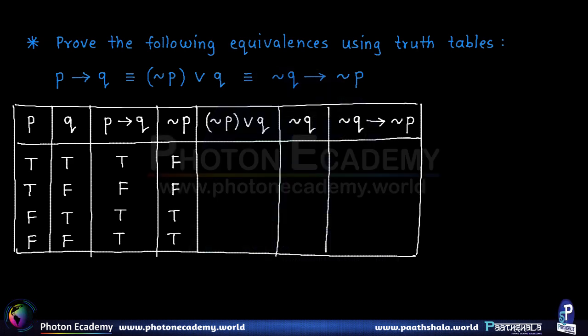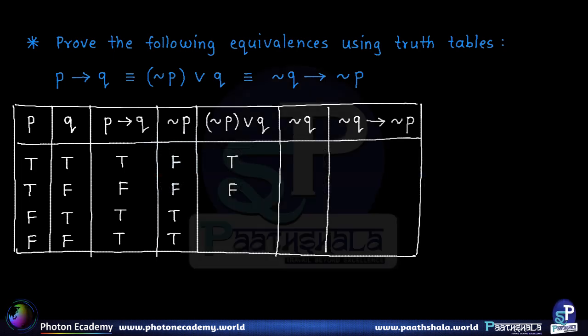Then we have to do the OR of negation P and Q. So for these two columns we do the disjunction, that is OR. In OR we know that if at least one is true, then the whole is true. So here we have true, and only when both are false, like the case here, it will be false. So we have this column as TFTT.